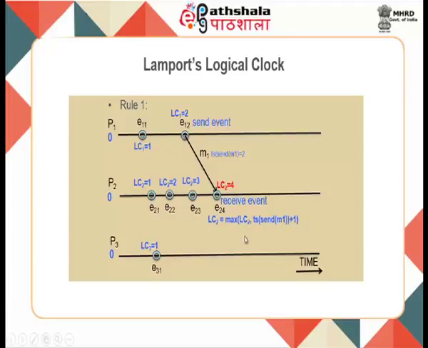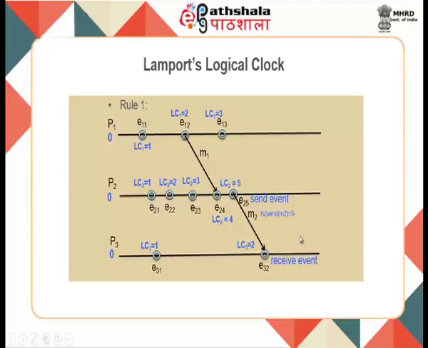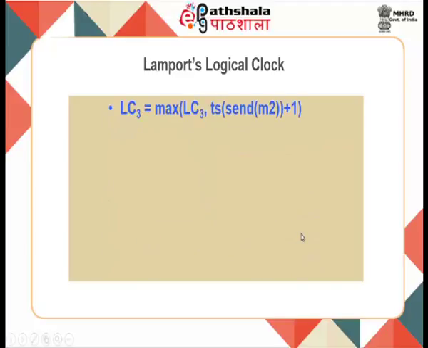So, LC2's current value is 4 and the send time value plus 1 is 2 plus 1, 3. So, the maximum between 4 and 3 is 4, so LC2 will be 4. This is how rule 2 will be applied to all the other events.